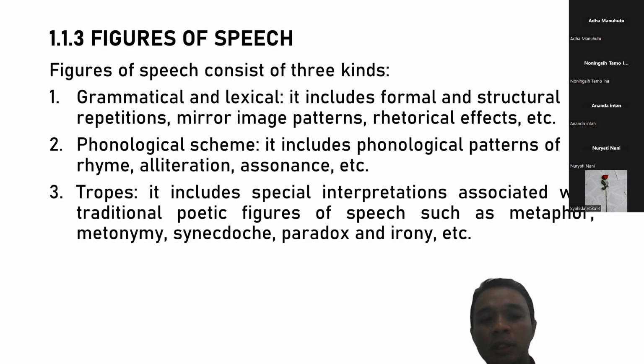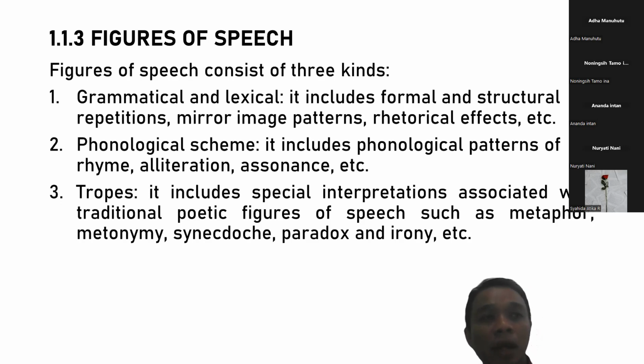And then the third one is tropes. It includes spatial interpretation associated with traditional poetic figures of speech, such as metaphor, metonymy, synecdoche, paradox, and irony. So this is a kind of traditional poetic figures. So maybe you have studied or learned about metaphor, metonymy, synecdoche, paradox, and irony.